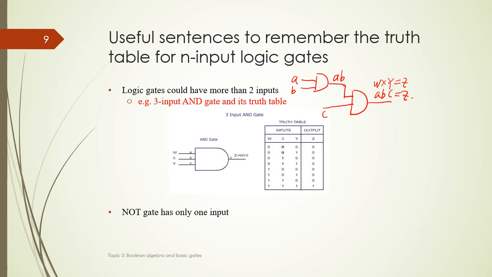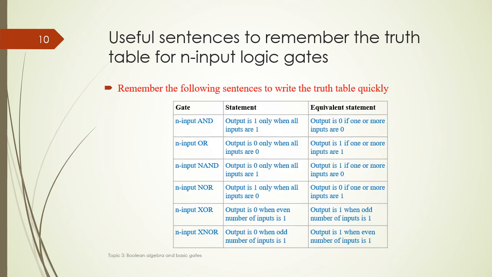But how do we know their truth table? So to help you remember their truth table, I can make this table here, talking about the truth table using simple sentences to describe the truth table for n input gates.